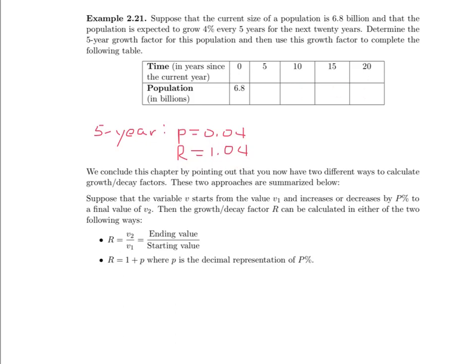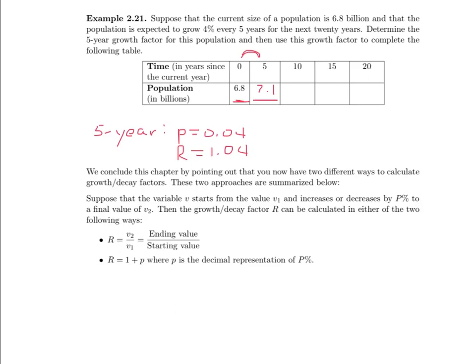Let's go ahead and do this. In the first 5-year period, the population grows by a factor of 1.04. 6.8 is my starting value. So I take 6.8 and I multiply by 1.04. That will give me my population 5 years out. When I do this, I arrive at 7.1.